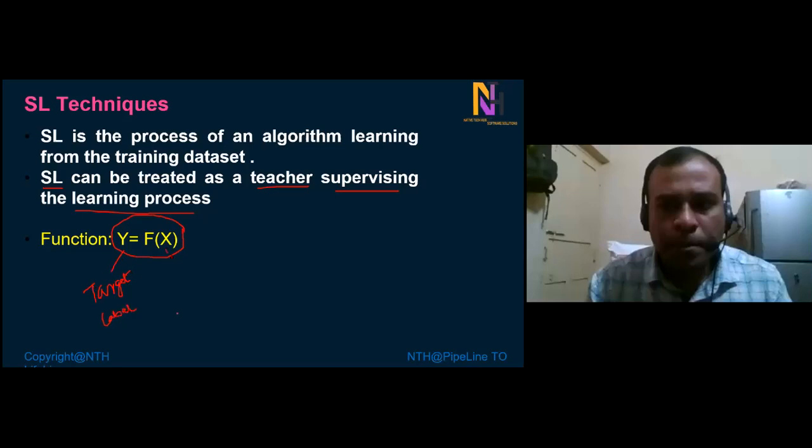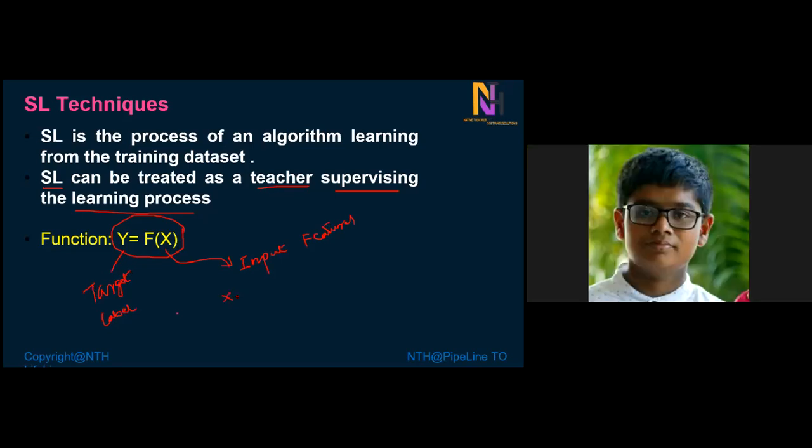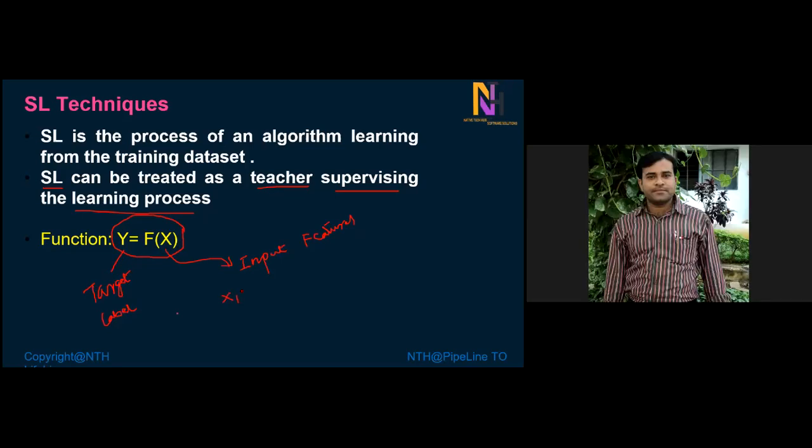F of x is the input features. For example, f of x can be x1, x2, x3. The number of features can be anything.